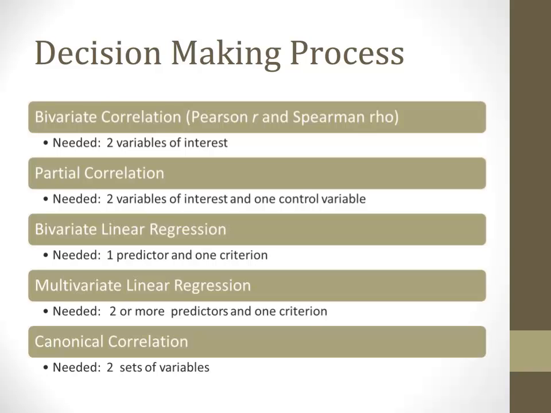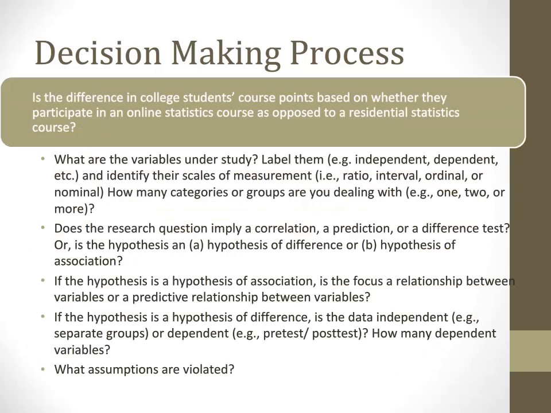So here you can see for a canonical correlation you need 2 sets of variables.